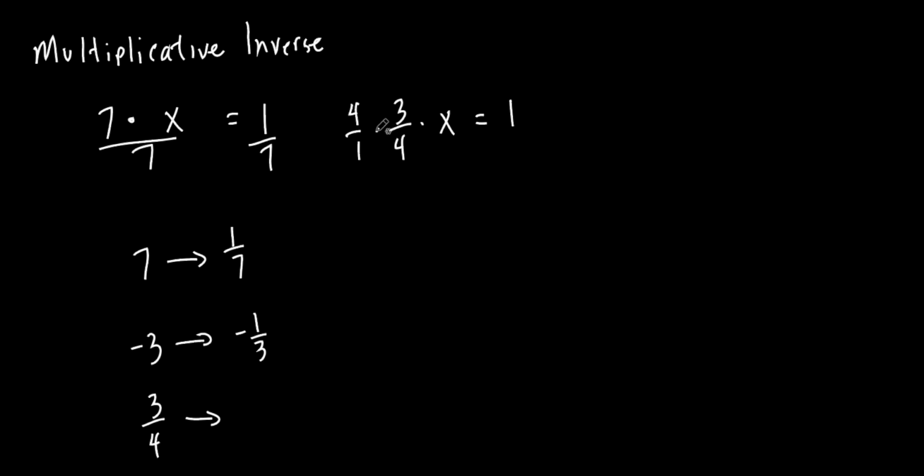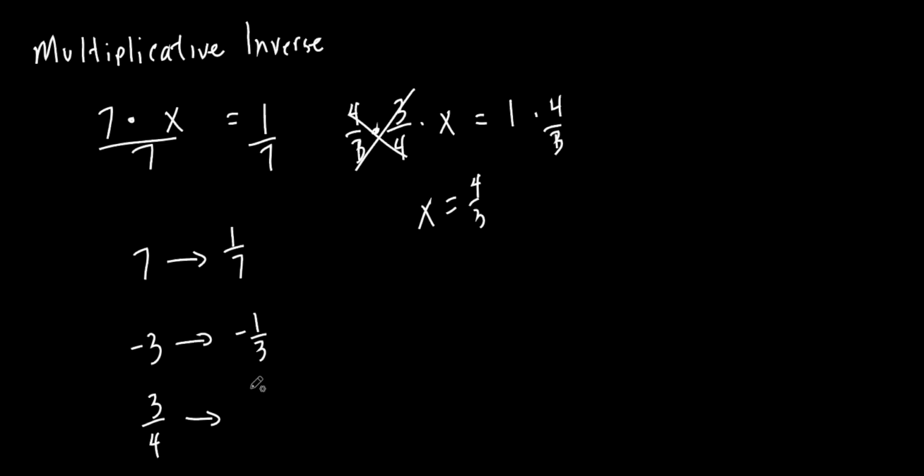Well, it's not cross multiply, but you multiply by the inverse. It's the multiplicative inverse. So you multiply this by 4 over 3. And look what happens. They cancel, so x is 4/3.